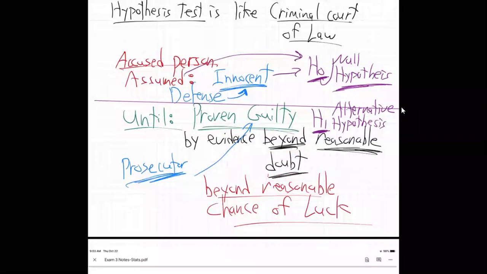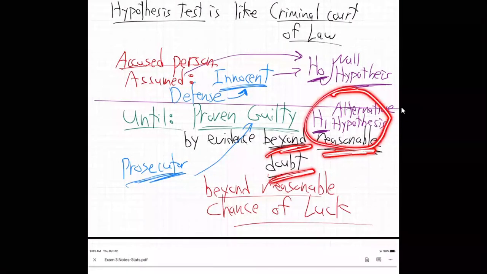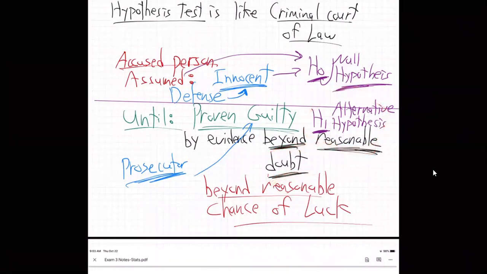That's what hypothesis tests are all about. They're about bringing in enough evidence that makes the chance it could have just been luck not reasonable anymore, beyond reasonable doubt. Then, when that's the case, we believe the alternative hypothesis, and we believe the drug is working, for example.